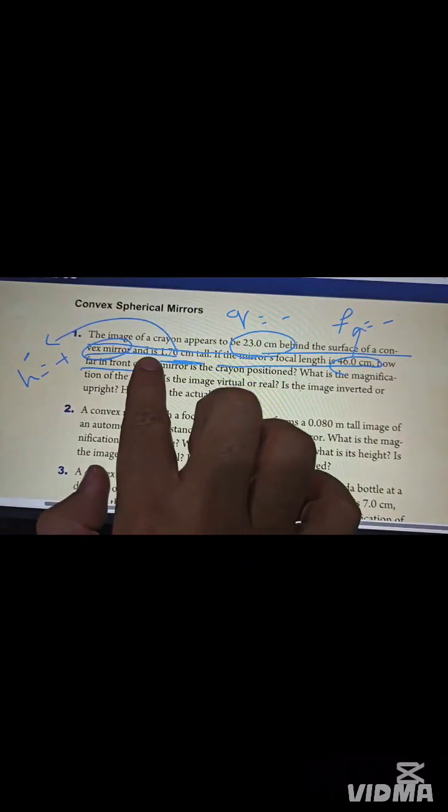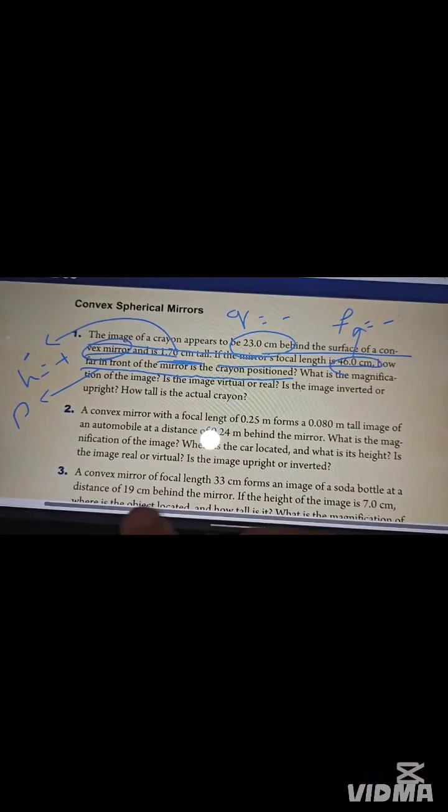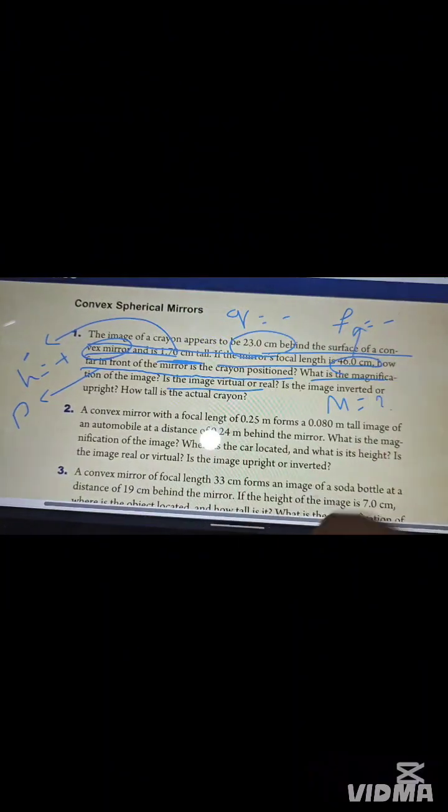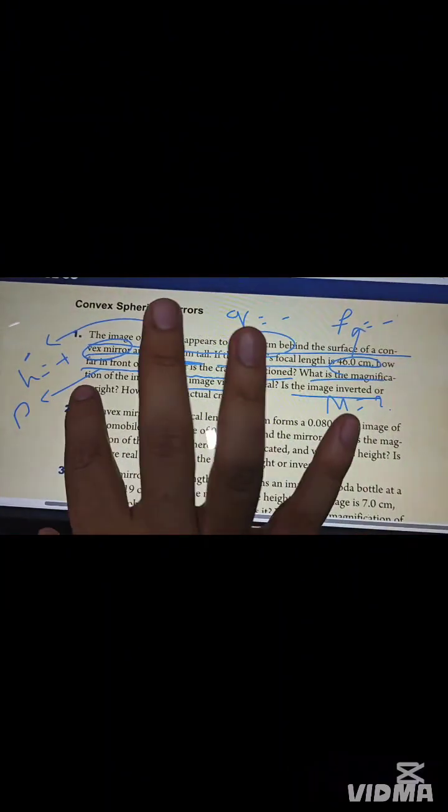How far in front of the mirror's position? In here the question says find how far, so it means find the object distance p. Then what is the magnification? Find the magnification. Is the image real or virtual? Is the image inverted or upright?